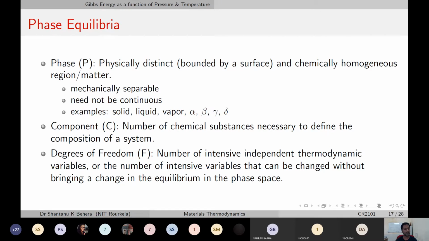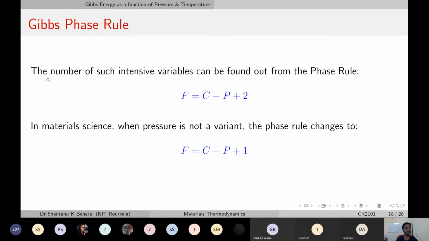So these three important parameters, phase, component, and degrees of freedom, are clubbed together to give you a rule which is called the Gibbs phase rule, right? And that we can see here. The Gibbs phase rule, of course, given by Josiah Willard Gibbs, says that the number of such intensive variables is given by this formula, which is F is C minus P plus 2.